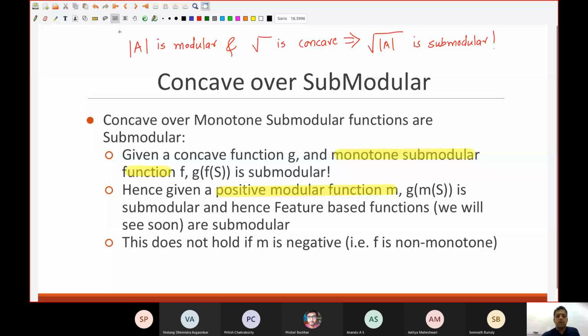You need it to be monotone or positive submodular, specifically because if you have a positive modular function, it's going to be monotone. So positive modular functions are always monotone.